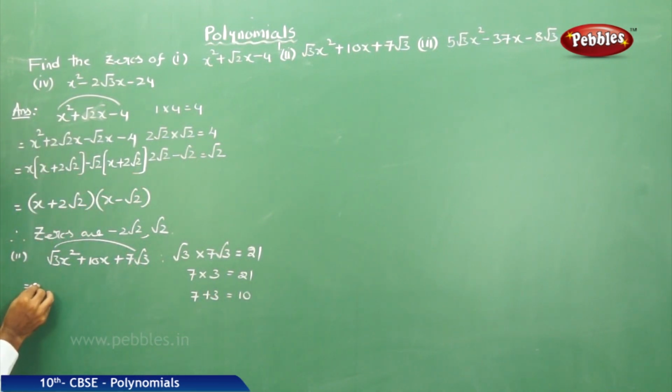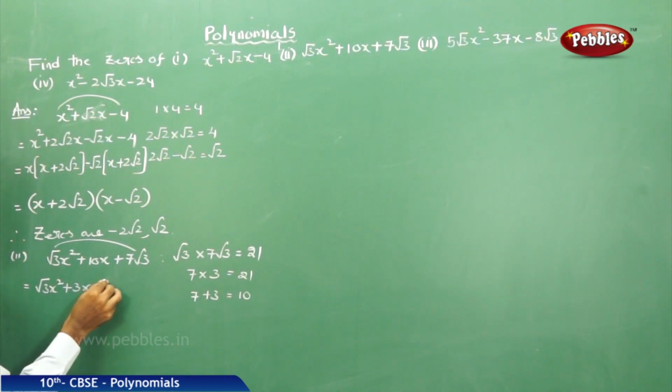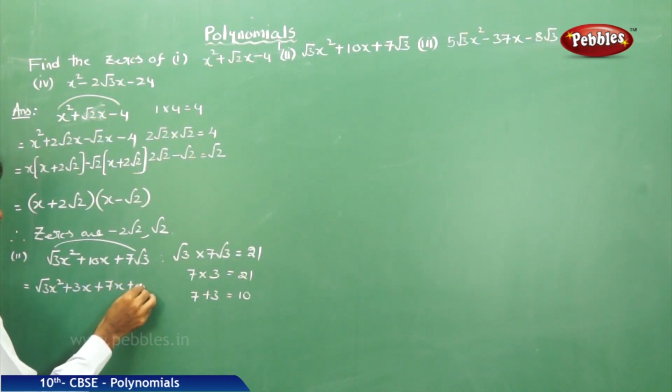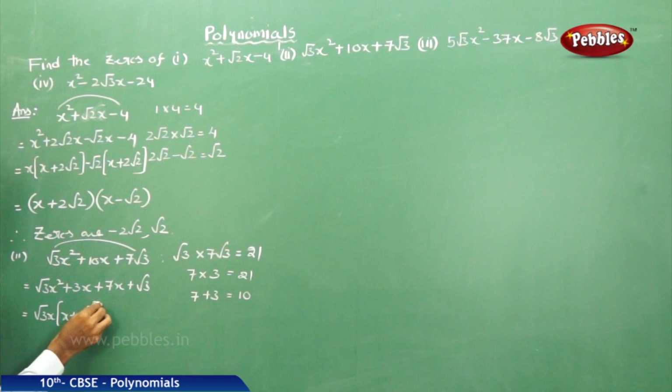Arrange it in order. Root 3x square plus 3x plus 7x plus root 3, that is equal to, from these two parts I want to take root 3x common. If I take root 3x common, the left part is x plus root 3, plus from these two I want to take 7 as the common.